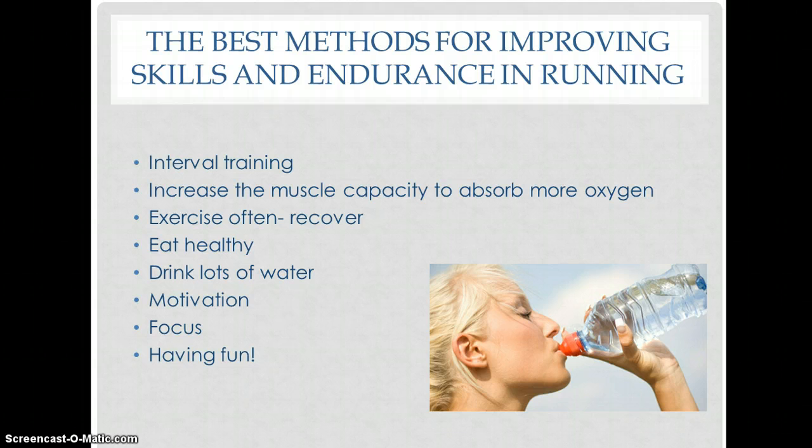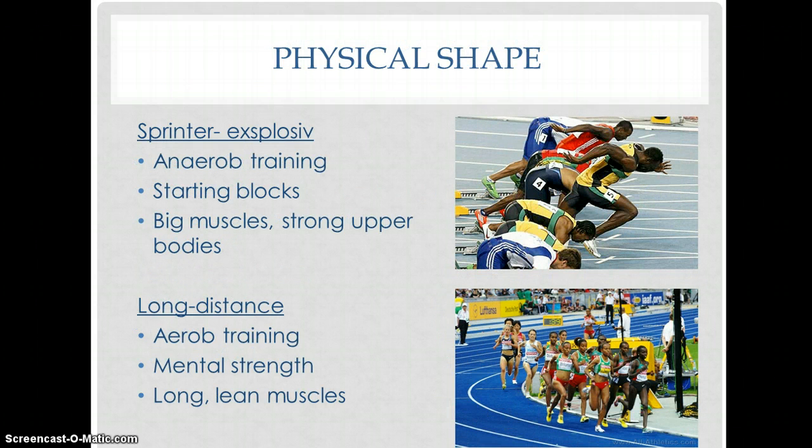It's also very important to exercise often and to let your body recover. Then you need to eat healthy and drink a lot of water so your body is in shape and ready to train even more. Motivation, focus, and having fun are 3 very important mental skills for getting the success you want.